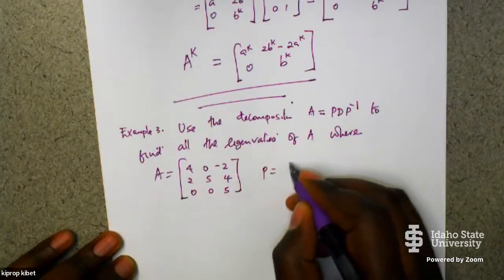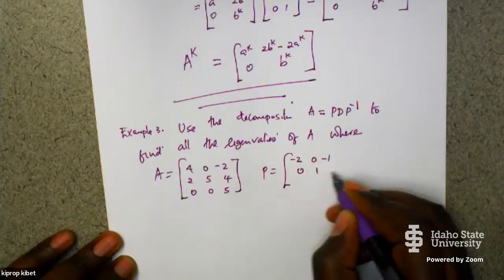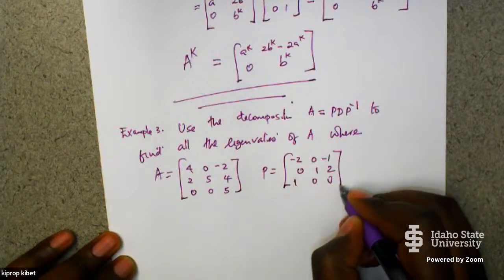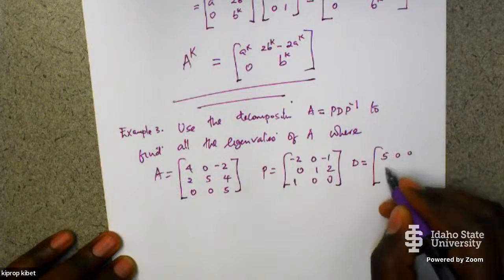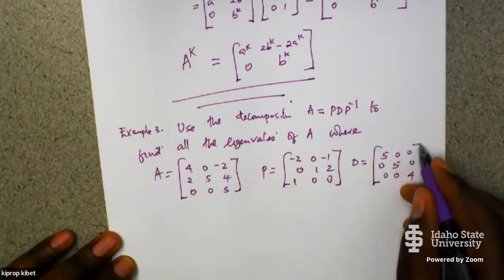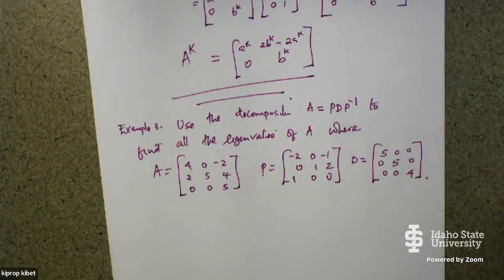And P equals -2, 0, -1, 0, 1, 2, 1, 0, 0. And our D equals 5, 0, 0, 0, 5, 0, 0, 0. Use the decomposition to find the eigenvalues of A.